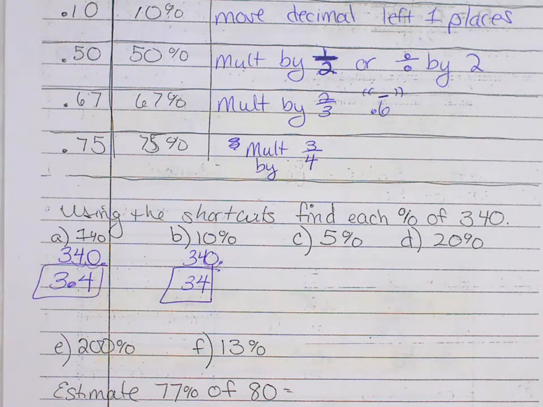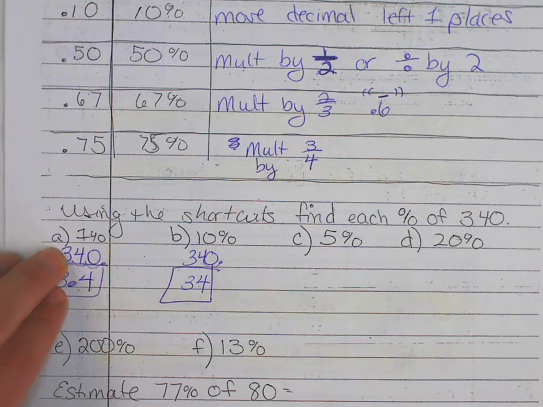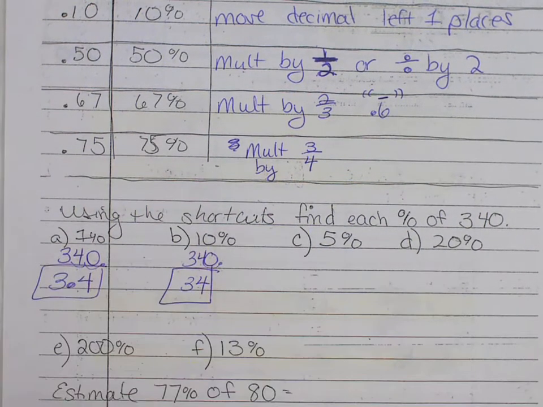5%. Did I put a rule up there for 5%? No, I didn't. But I gave you all the skills to do that, and I have taught you test-taking strategies. If you have a part A, B, C, D, E, F, then you are going to use a previous answer.